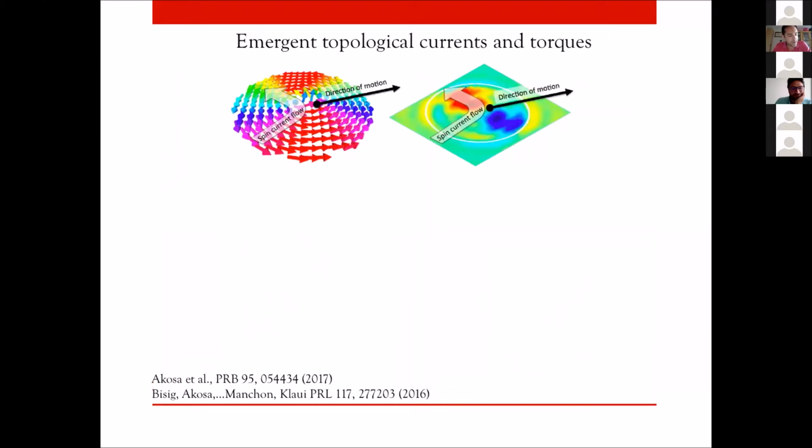So basically, the perspective I'm going to take to try to enhance the mobility of skyrmions is to take advantage of the topological currents that flow in a skyrmion. We actually started to work on that, inspired by a collaboration with Matthias Klaue, in 2013, if I remember well.